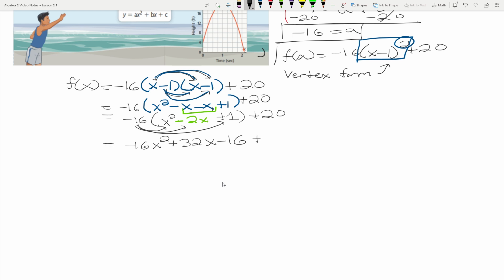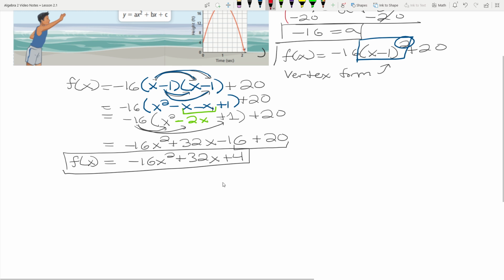And then we have plus 20. Now we're going to combine these like terms here. So we have negative 16x squared plus 32x, and then 20 minus 16 is positive 4. All right, there is our final form.